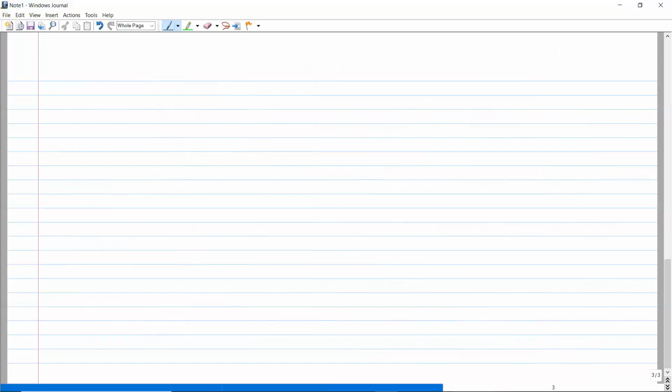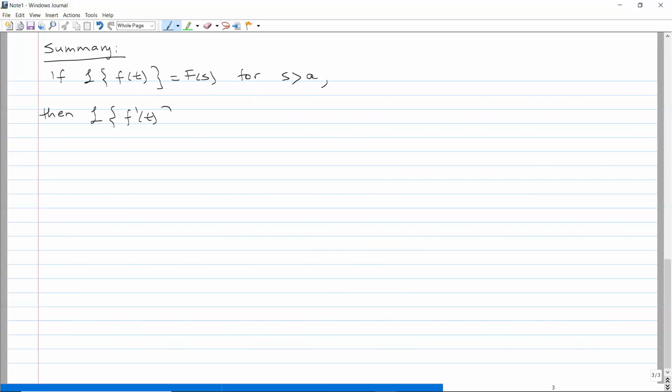So basically, what is the upshot, the summary? If the Laplace transform of the function f of t is capital F of s for the values of s greater than some number a, then the Laplace transform of the derivative is minus f of 0 plus s times the Laplace transform of f.